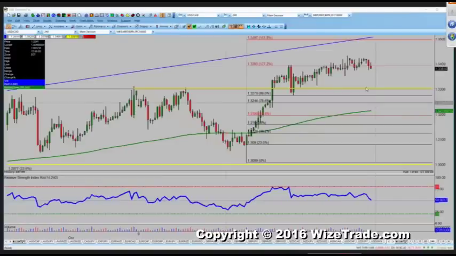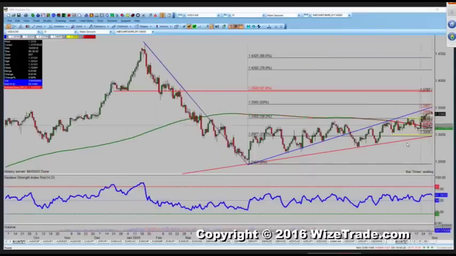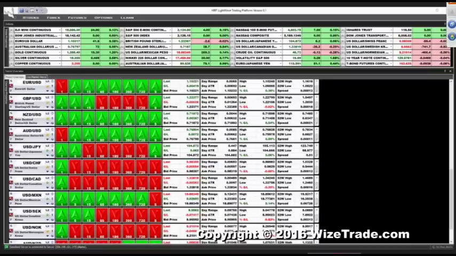We're out of that lower end of the range. The euro might have just went out and took out some stops there. I'm still short at 110.11. Okay.